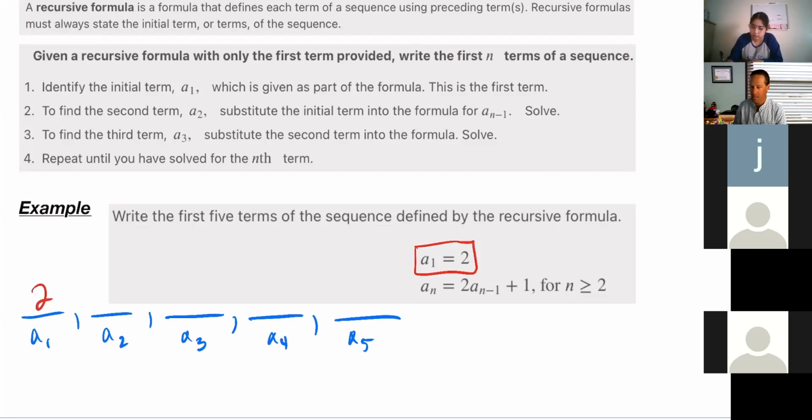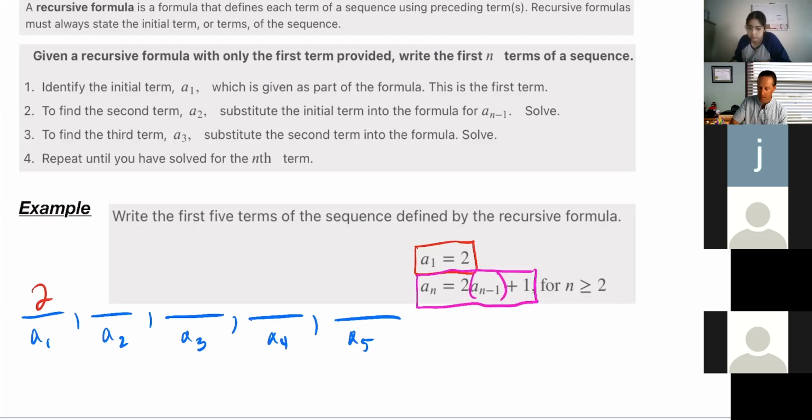And then what did they tell me to do? To find any term, I'll take the one before it and do what to it? Multiply it by 2. First order of operations, very good, Brian. Double it, and then I'll add 1.